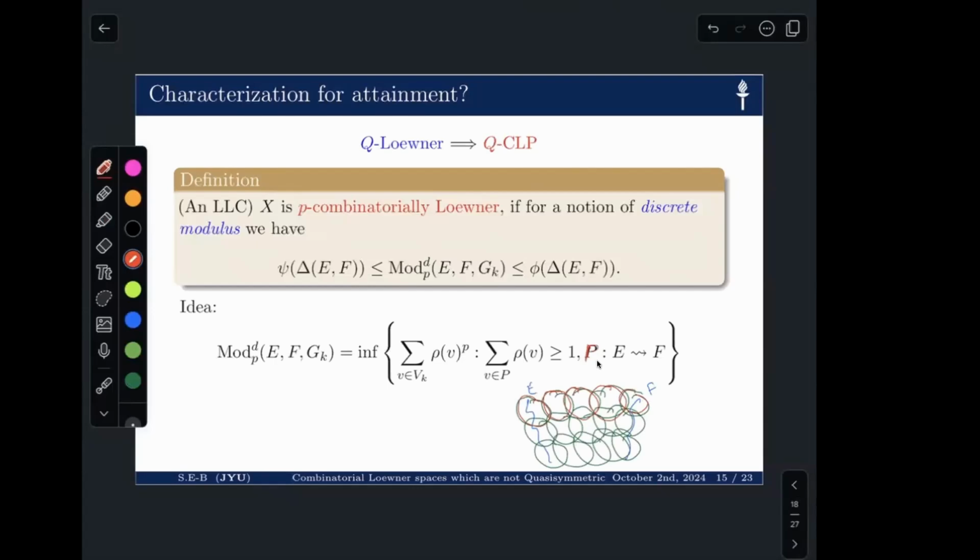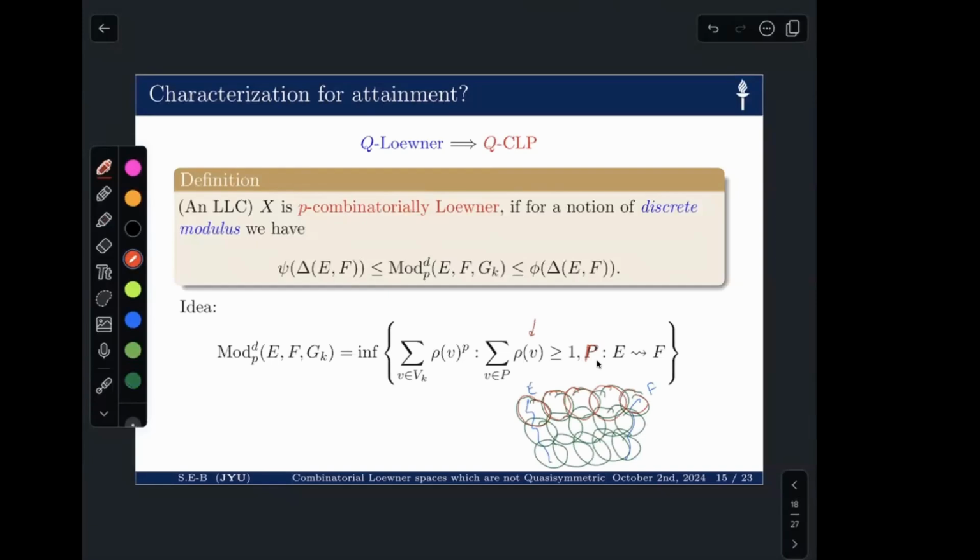For all these finite collections of balls that connect E to F, you assume that your function adds up to 1. So discrete modulus bound from above and below in a scale invariant way. Okay, I'm obviously brushing a lot of things under the rug here, but yeah.